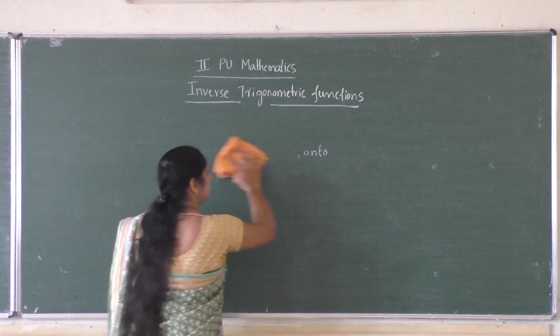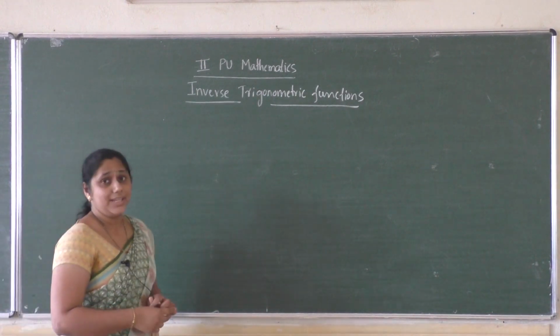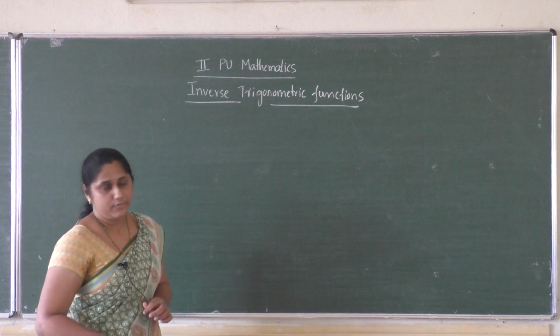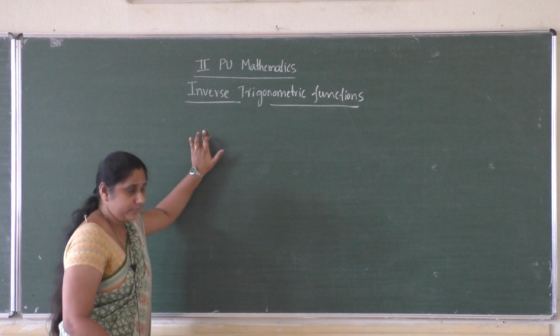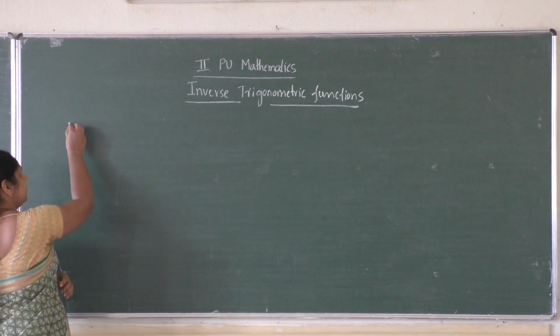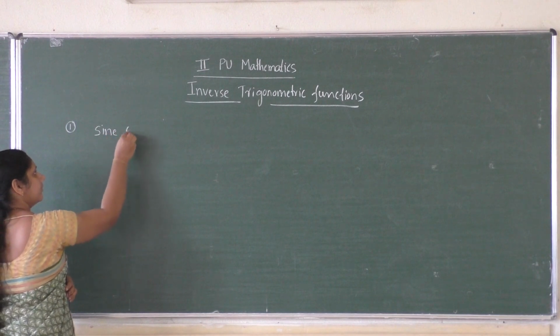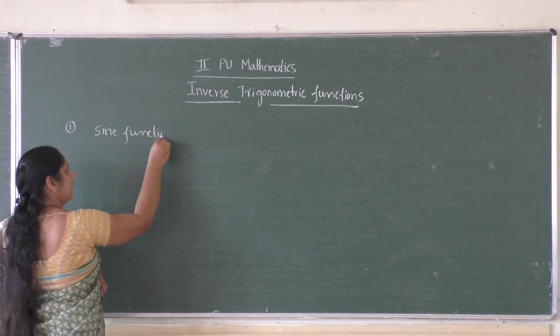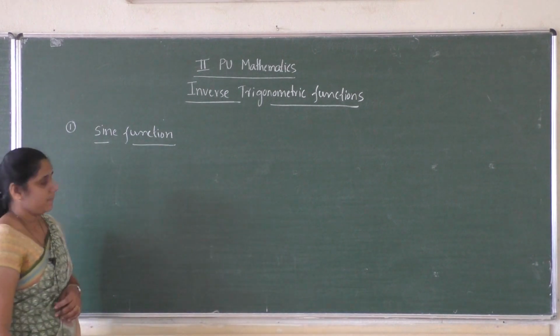So let us now move on to the next chapter in second PU, that is inverse trigonometric functions. Before going to inverse trigonometric functions, first I will tell what is the domain, range and graph of the sine function.